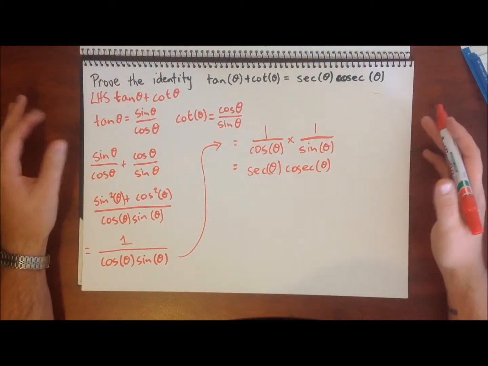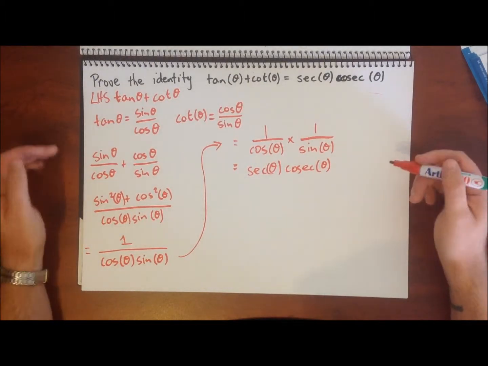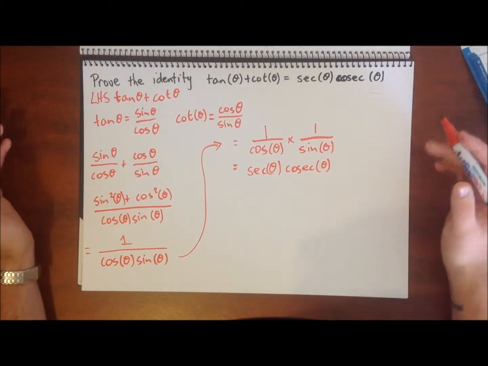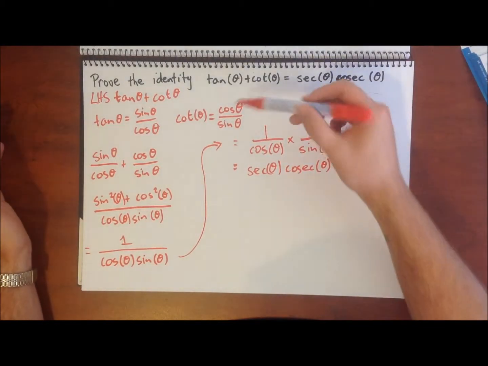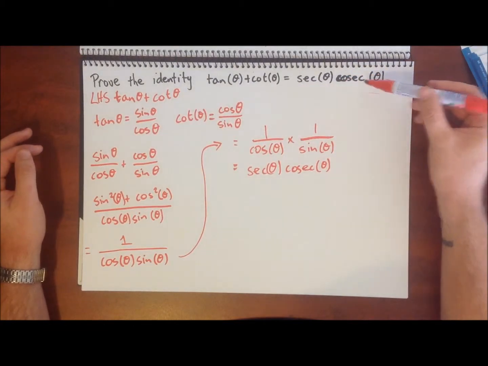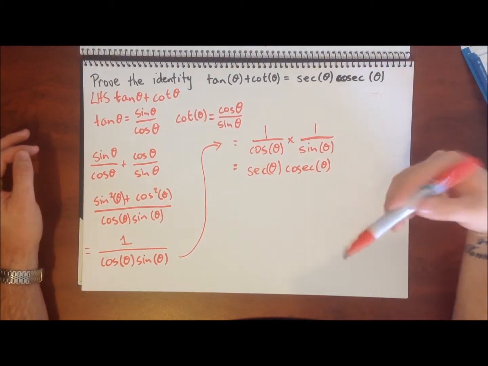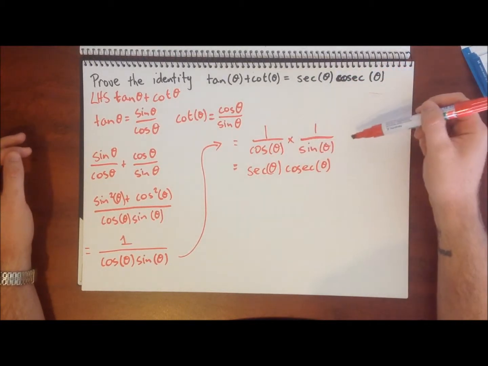Now, it can be hard to think about the steps that you have to do. Sometimes you just need to play around a little bit until you stumble across things, but don't forget that you know what this side has to equal. It has to equal this side. So always in the back of your head ask, how else can I write these? That's our 1 on cos and 1 on sine.